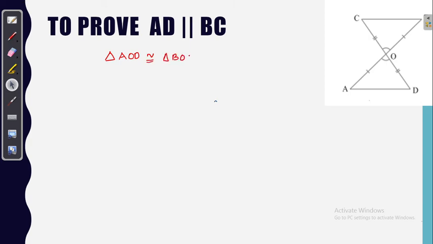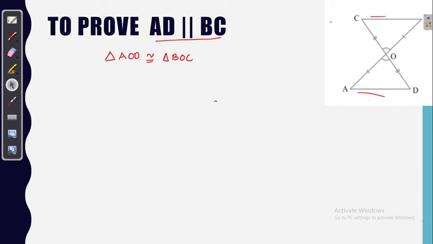By the axiom, if we prove two sides, it's enough to say that two triangles are congruent. Yes, we have already proved that, I just restated it. So right now we have that these triangles are congruent, but we need to prove that AD is parallel to BC. So how will we do that? This is the second part of the question.